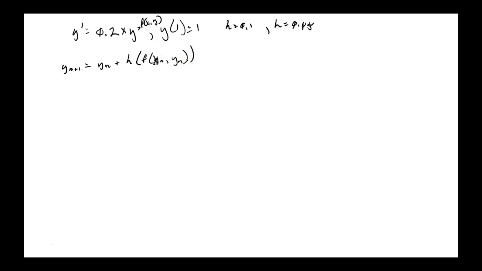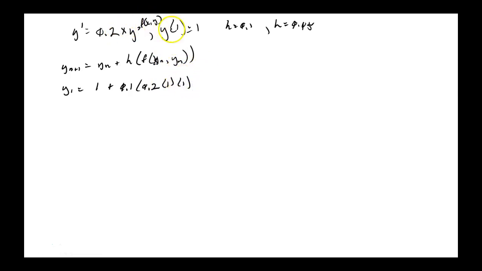Okay. So this time it'll be y sub 1 is equal to y sub 0, which is 1, plus h, which is 0.1, times 0.2 times 1 times 1.